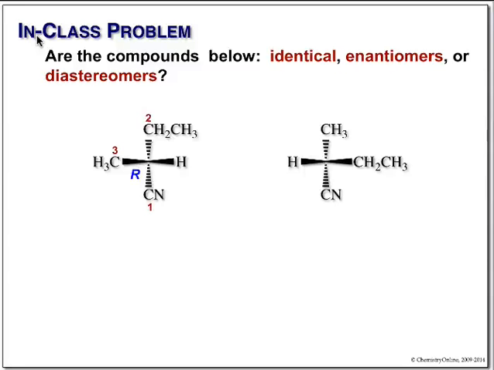This guy, cyanide is first, ethyl is second, methyl is third. Hydrogen is forward. This is counterclockwise, making this also R configuration. Therefore, your conclusion is these two are identical.